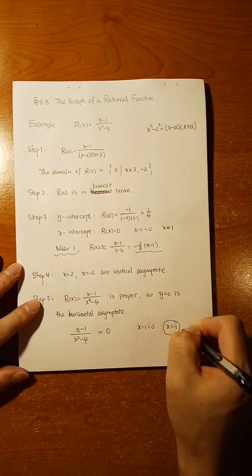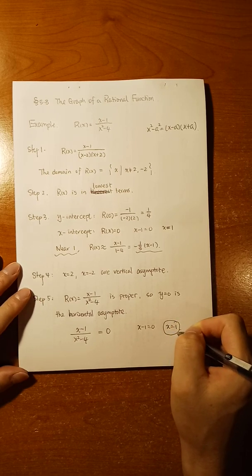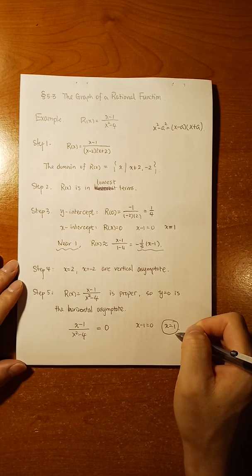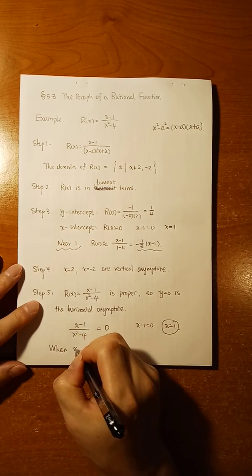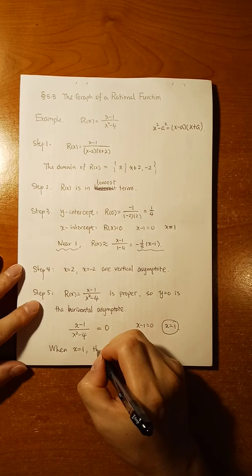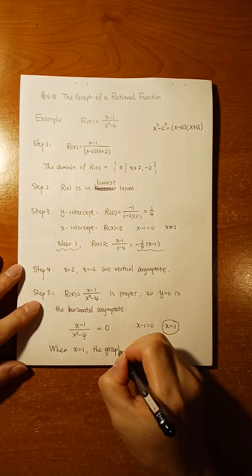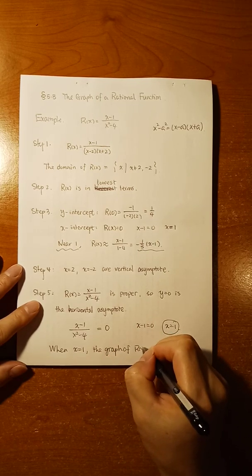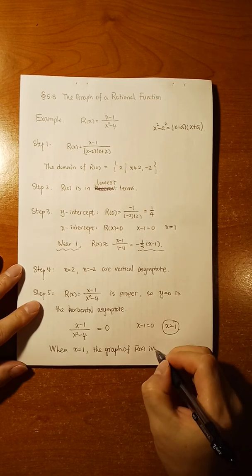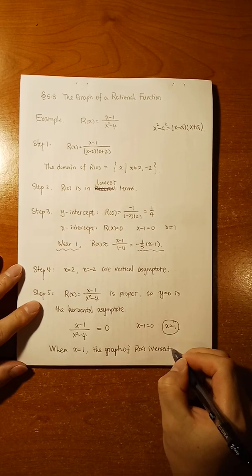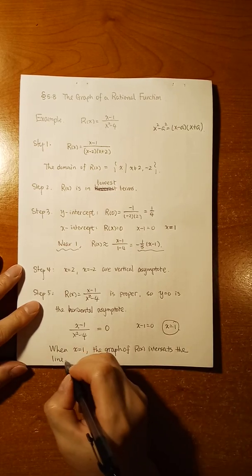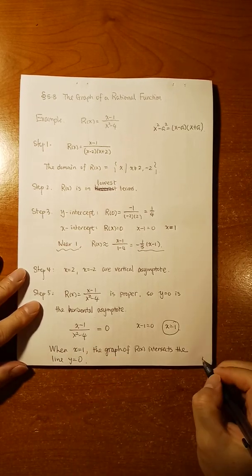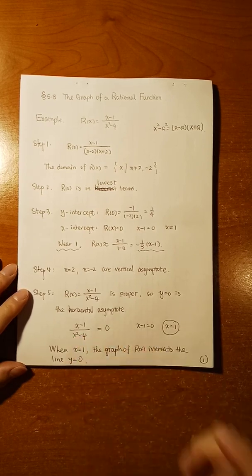This is the x-coordinate of the intersection point. So at x equal to 1, the graph of R of x intersects the line y equal to 0, because they are equal to each other.